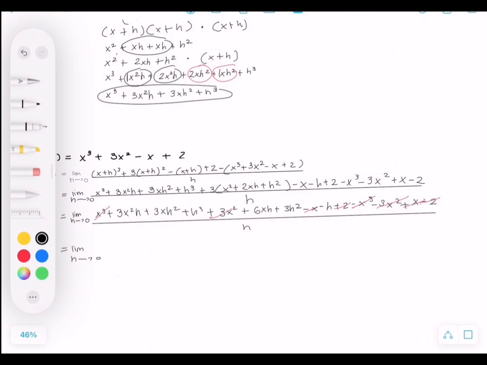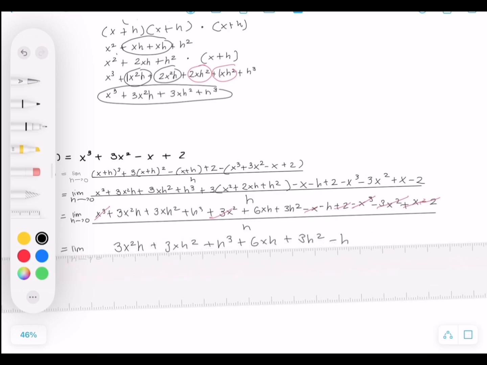Now we copy the terms remaining. So we have 3x squared h plus 3xh squared plus h cubed plus 6xh plus 3h squared minus h. And all of that gets divided by h again.